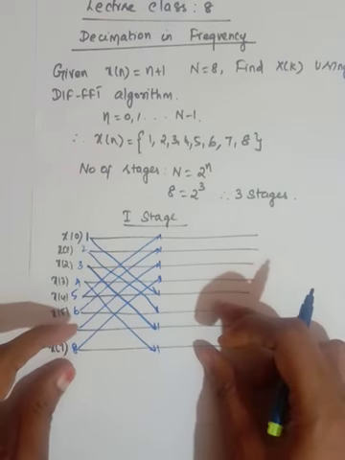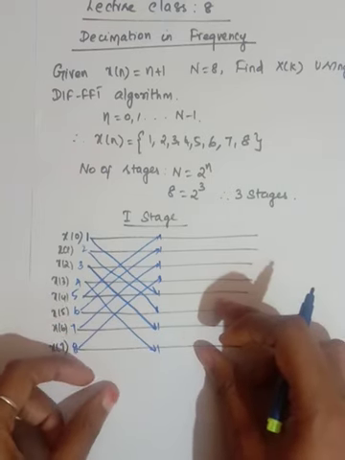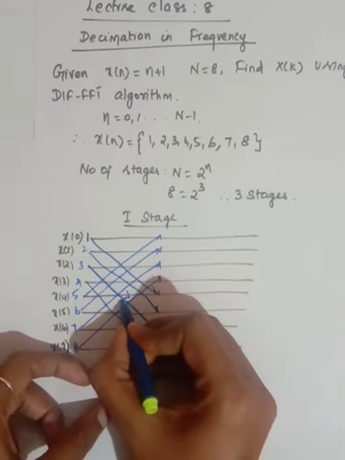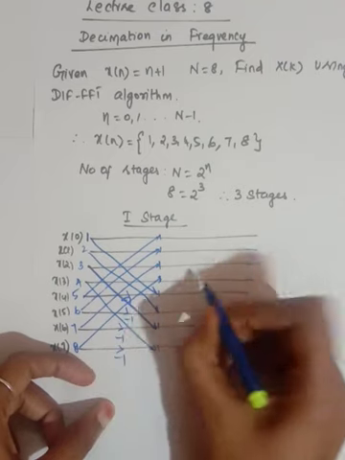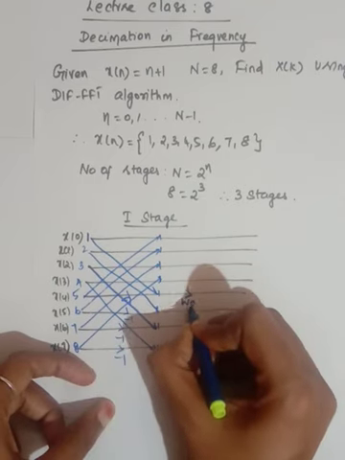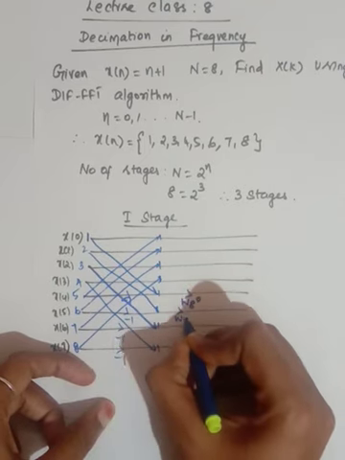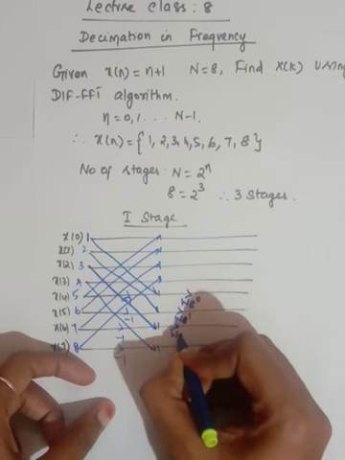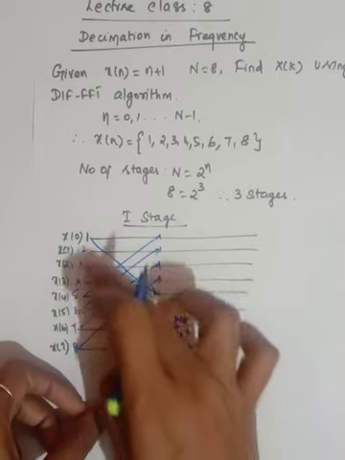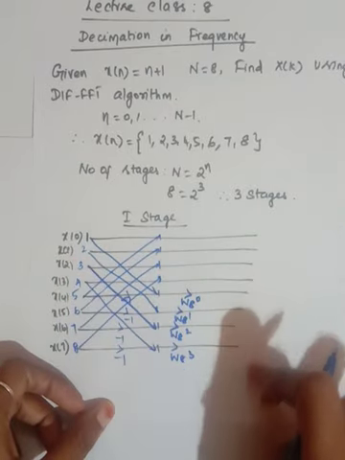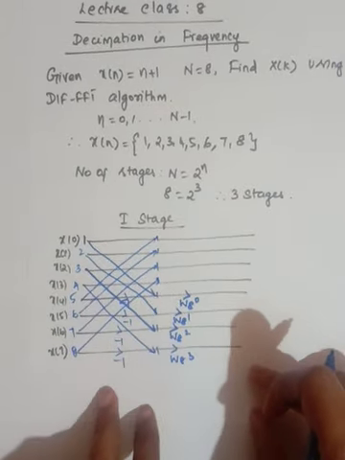After drawing this, what we did there was to put a minus for the lower half, right? So here we are going to put minus 1, minus 1, minus 1. Wherever you have minus 1, you need to multiply by the twiddle factor. Similarly here we are going to multiply with the twiddle factor. Now we need to substitute all these values and find the final stage output.